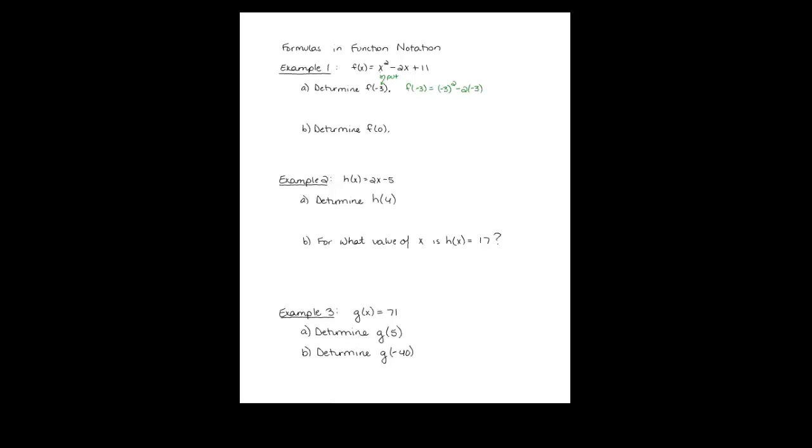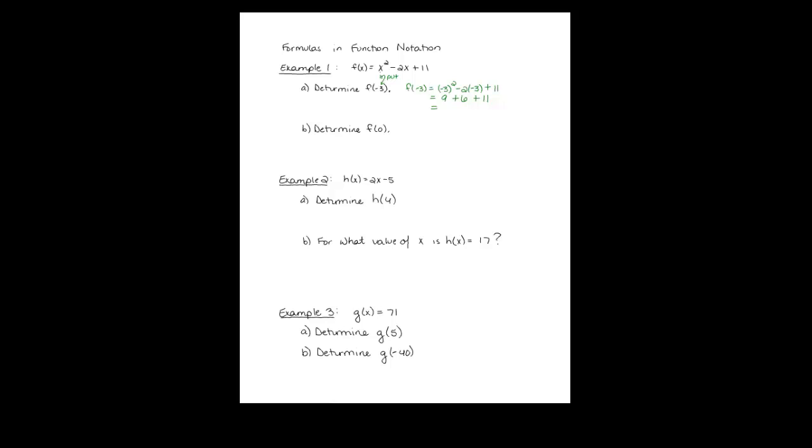Now as a general rule, particularly if the input is negative, you always want to include parentheses, just to make sure the negative signs stay where they need to be. And then don't forget the plus 11. Now, work it out. We have negative 3 squared is positive 9. Minus 2 times a negative 3 gives plus 6. And then plus 11.